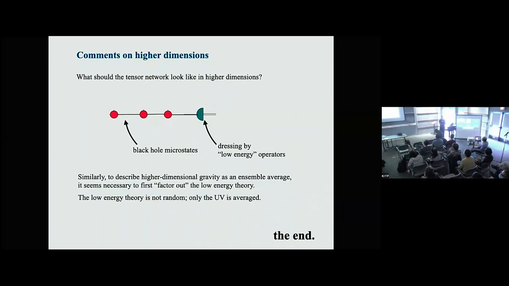We don't want to treat even very complicated things in the low energy effective theory as random. And the difficulty in higher dimensions is understanding how to, for example, if you wanted to define an ensemble in higher dimensions, you would have to find the analog of a Virasoro block, which is like resumming all possible single trace and multi-trace exchanges of all the light fields. How do we do that?